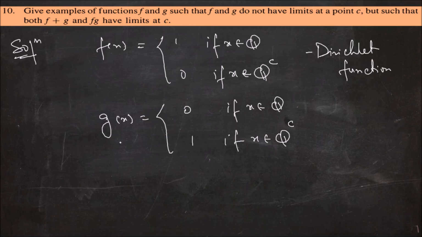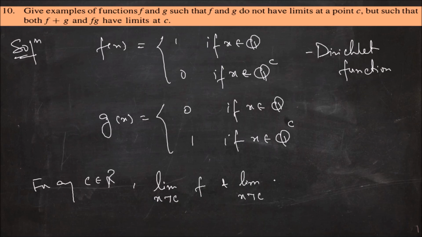Then we know that the Dirichlet function does not have a limit anywhere. I am taking the example of the Dirichlet function, so you can take any point. For any c belonging to R, limit x tends to c of f and limit x tends to c of g do not exist. Now what is f plus g? In both cases it is easy to see that f plus g is the constant function 1 and fg is the constant function 0.